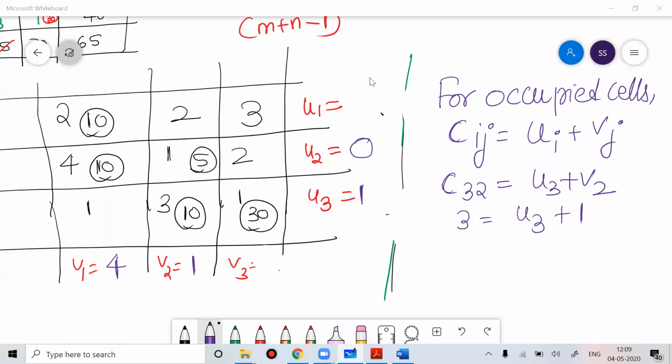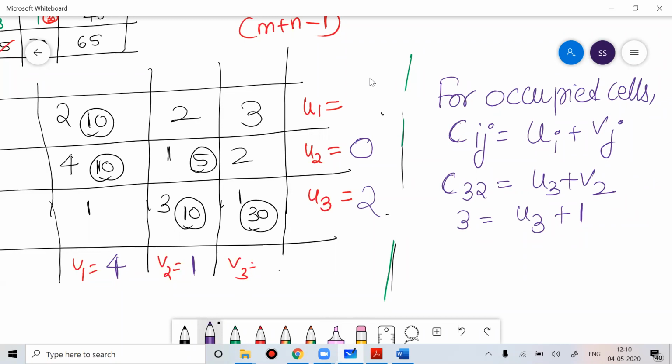Wait guys, U3 is not 1, U3 is 2. That is 3 minus 1, U3 is 2.